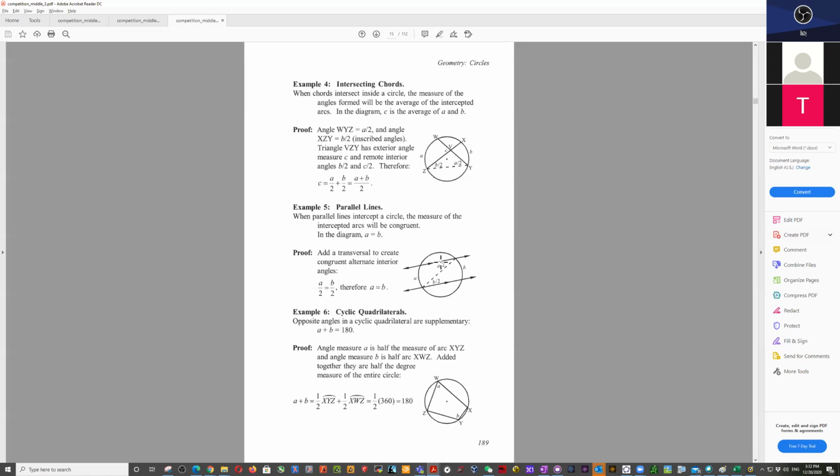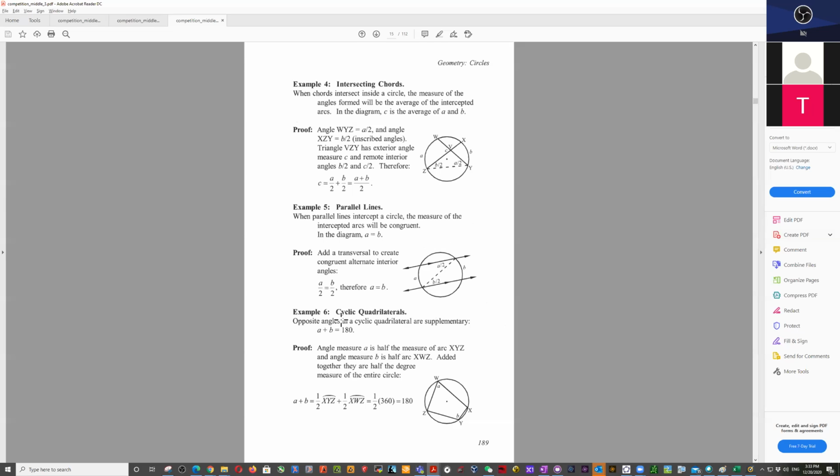Because it's a parallel line, those two are alternate interior angles, so they are the same. Those two angles are 1/2 A and 1/2 B. If 1/2 A equals 1/2 B, that means A equals B. So basically, parallel lines will intercept the same circle with the same arc length.